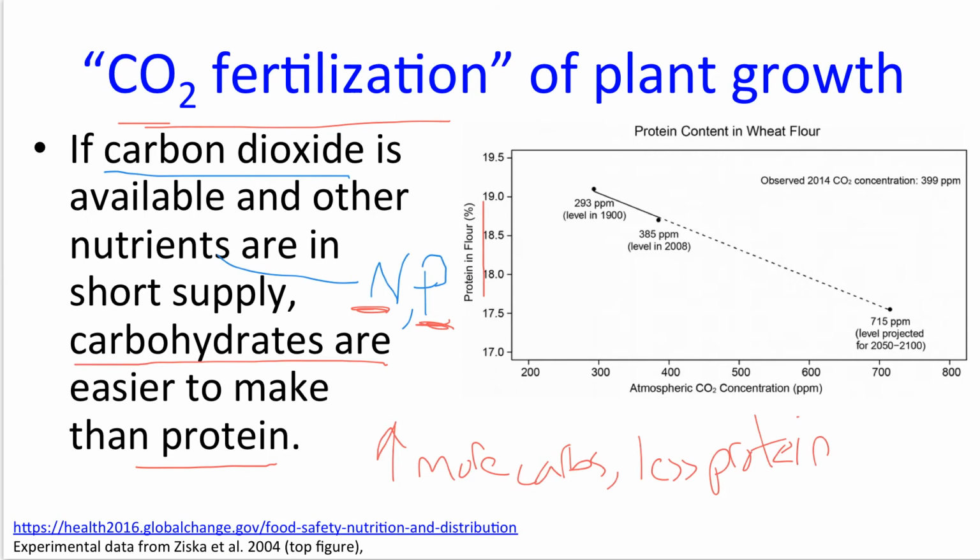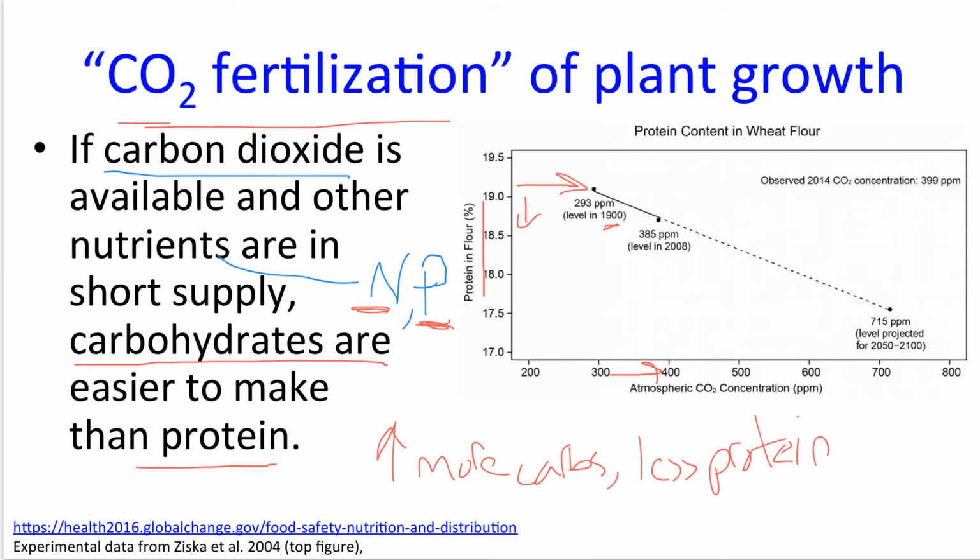And what we can see is that if we have the amount of carbon dioxide that was in the atmosphere around the year 1900, then the flour we'd get, so this is wheat flour, had about 19% protein in it. With our 2008 levels of carbon dioxide in the atmosphere, so carbon dioxide has gone up, then the protein content has gone down, and we're at around 18.5%.